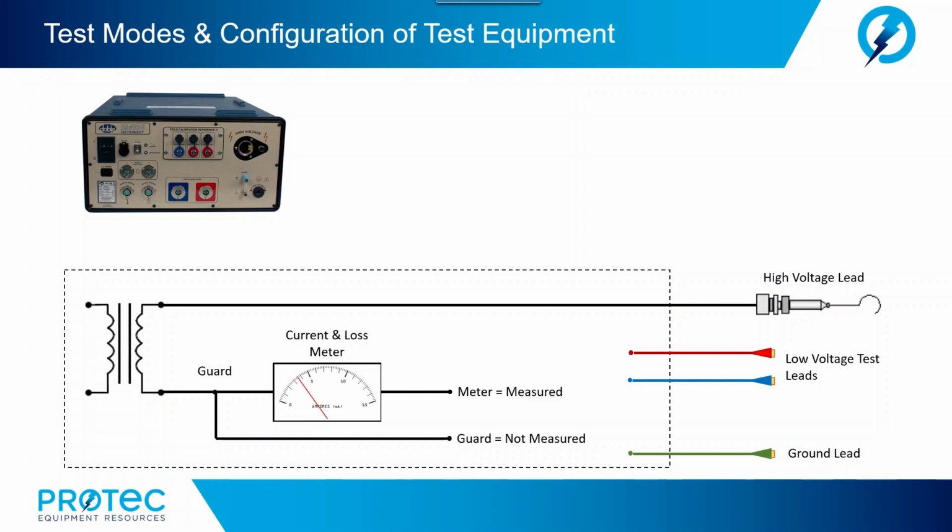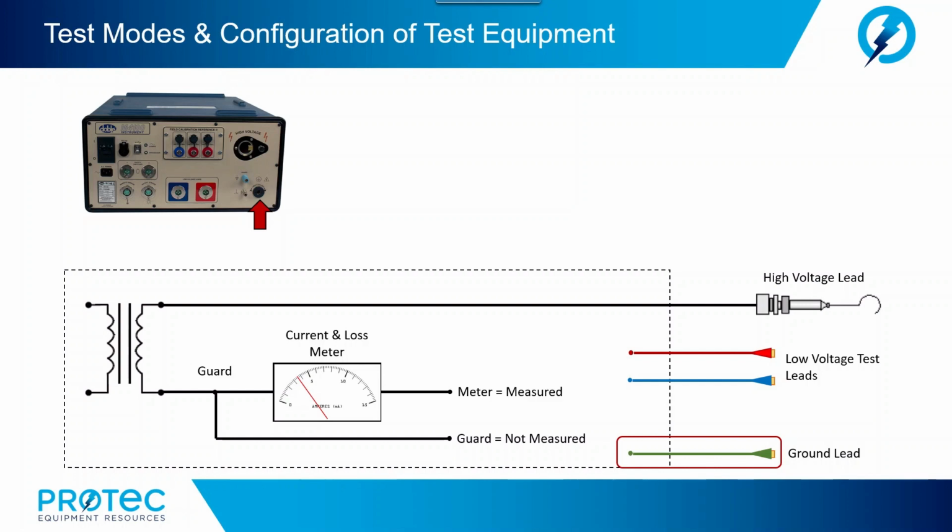Test modes are selected in the Doble Test Assistant field software, or DTAF software, and instruct the test set which test leads connect to the meter and which test lead ports are going to connect to the guard circuit.